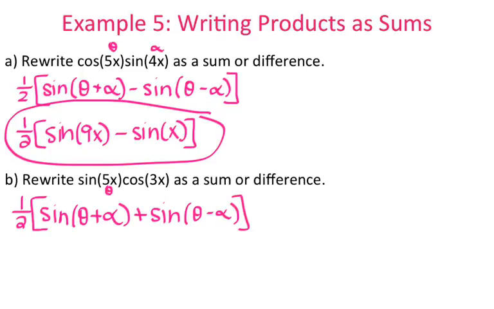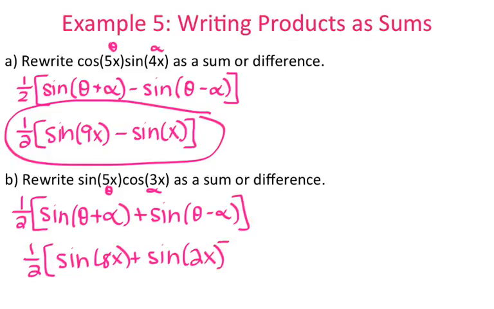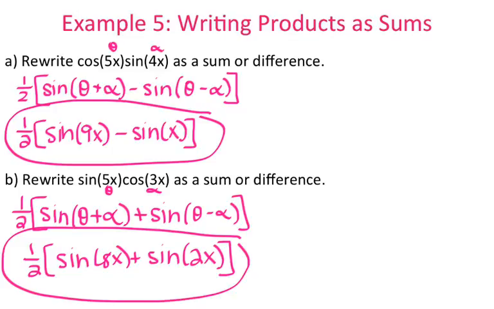So here's my theta, there's my alpha. So that is 1/2 sine of 8x plus sine of 2x. And there you go.